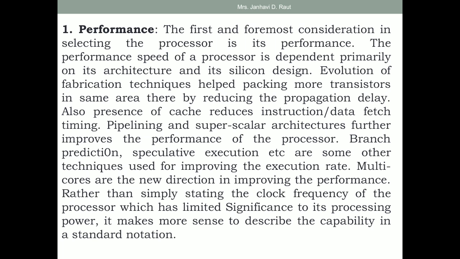The pipelining and superscalar architectures further improve the performance of the processor. Branch prediction is another technique used for improving the execution rate. Multi-cores are the new direction in improving performance, rather than simply stating the clock frequency of the processor, which has limited significance to its processing power.